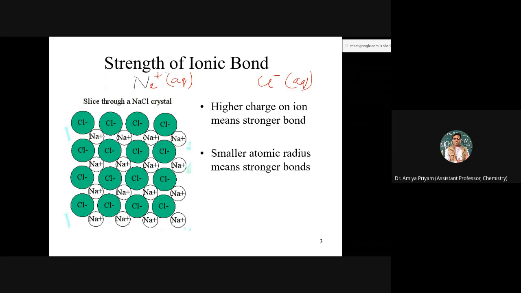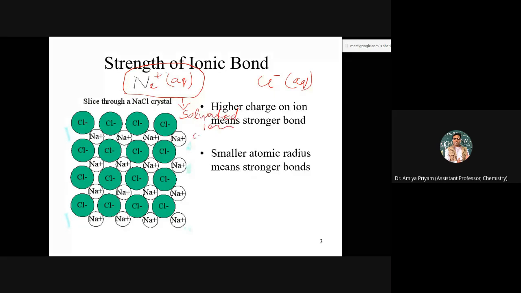This means these are solvated ions, or hydrated ions, and the picture that comes to your mind is that one. Again the same picture that I had drawn earlier, surrounded by a large number of water molecules. That is how you should visualize it.